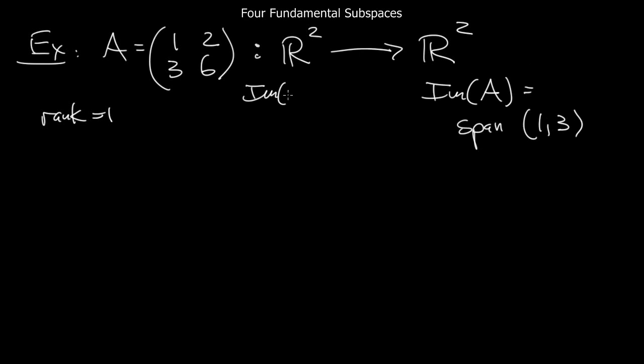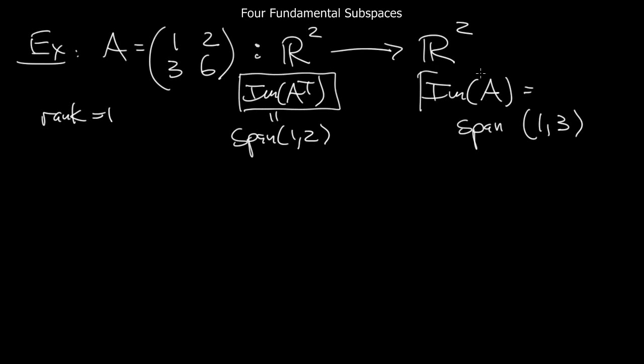On the other hand, the image of A transpose is the row space, which is the span of the vector 1, 2. So there we have it, two one-dimensional spaces, one on each side. That says that both of the kernels are also one-dimensional.